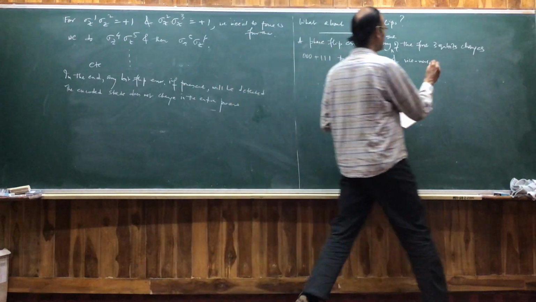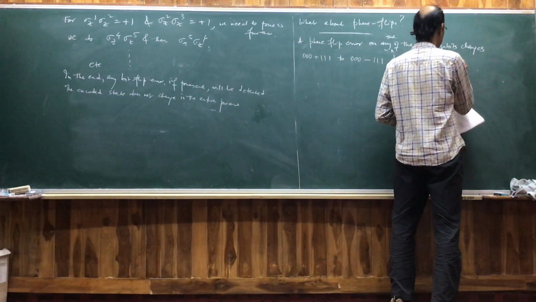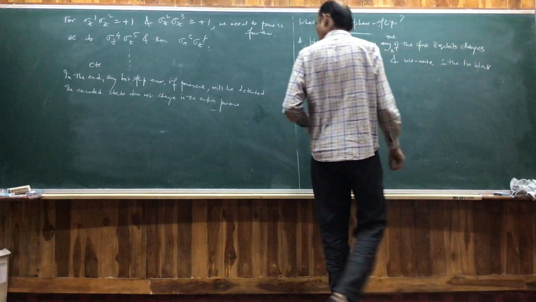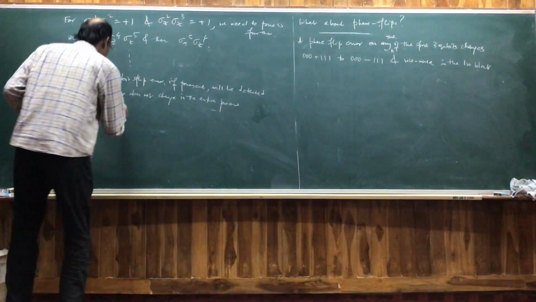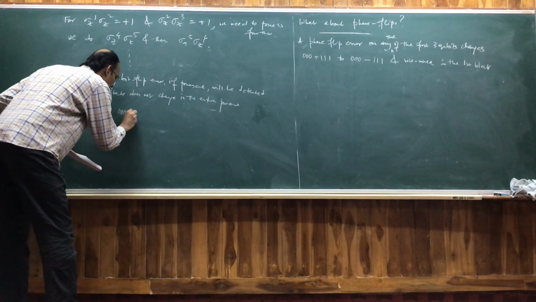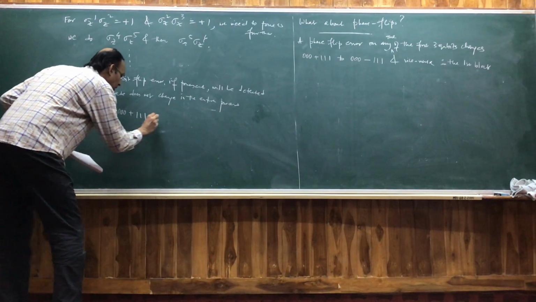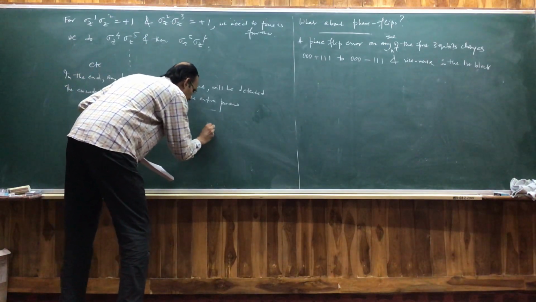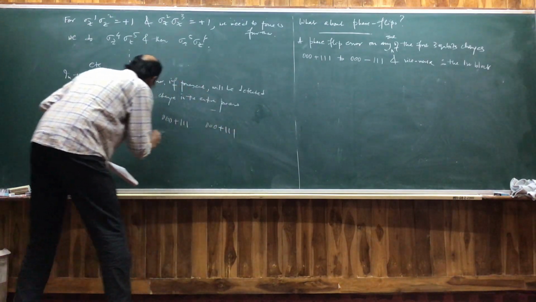In the first block, remember the Shor code? The Shor code was 0, 0, 0 plus 1, 1, 1, and there was another, I'm not writing the normalizations, and then there was a minus.